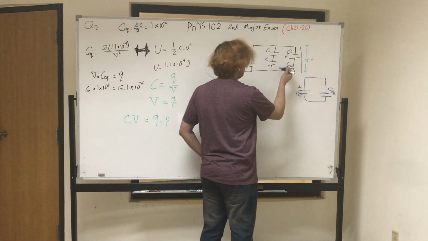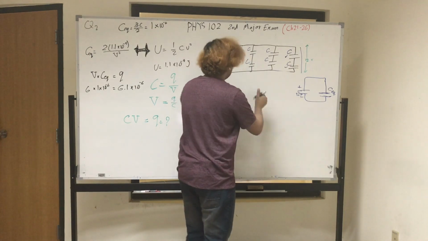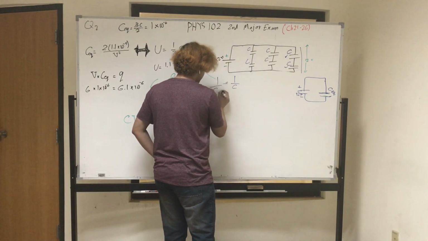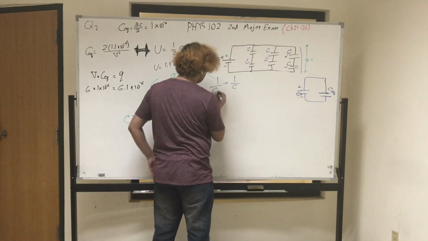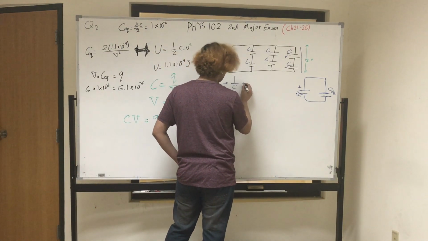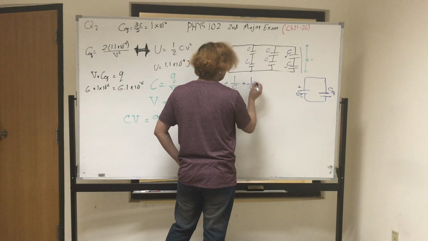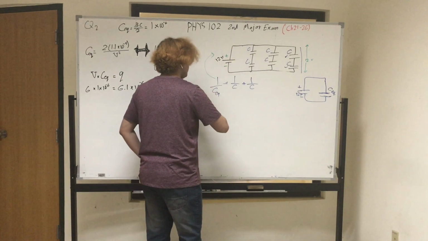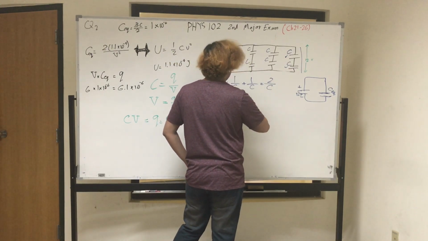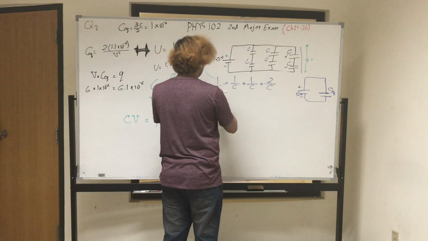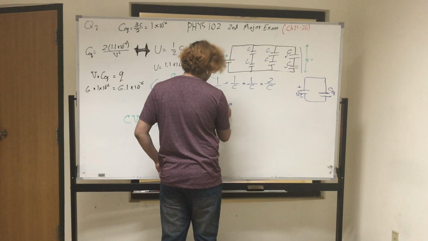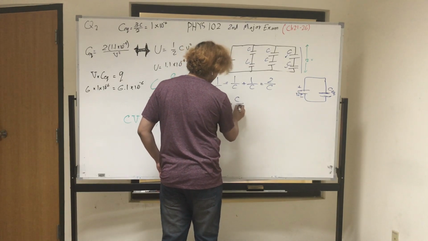We're trying to add two capacitors in series. The equivalent capacitance is given by 1 over the first capacitance plus 1 over the second capacitance. So that is equal to 2 over C, which is 1 over the equivalent capacitance. So the equivalent capacitance is equal to C over 2.